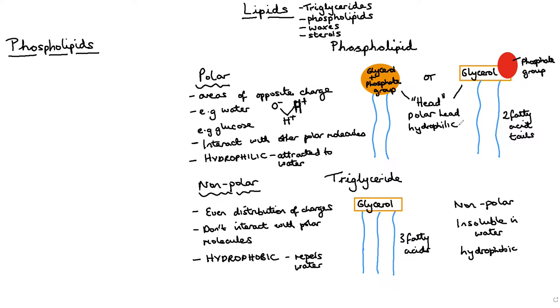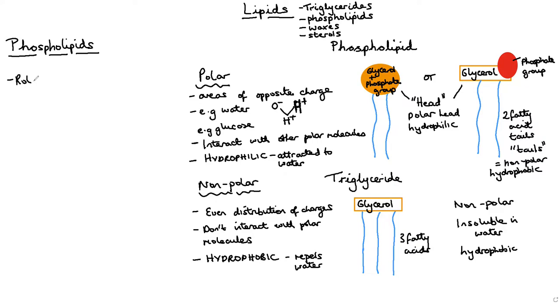Now the tails are non-polar, and so they have the characteristic of being hydrophobic. So it's an unusual molecule, and the reason I went into that in so much detail is because that quality of polar and non-polar explains how the phospholipids arrange themselves in the cell membrane.